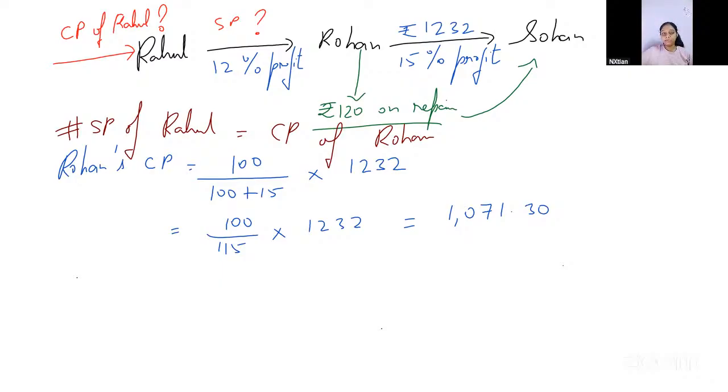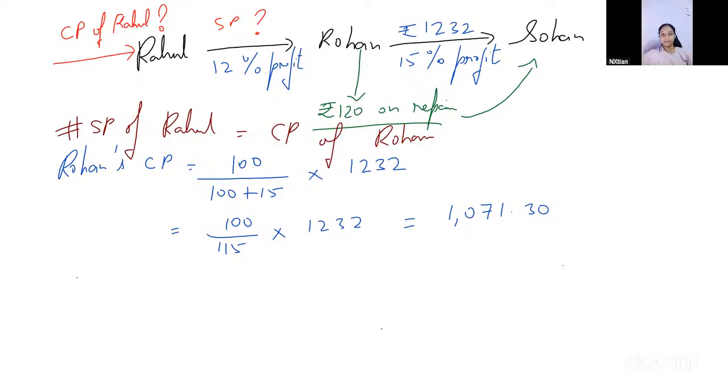Yes, Abraham, it's not 1072, it's 1071.30. And the answer you're getting is 951.30. Actual cost price, 951.